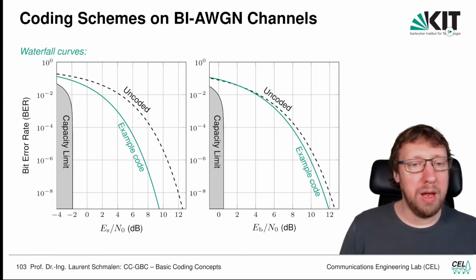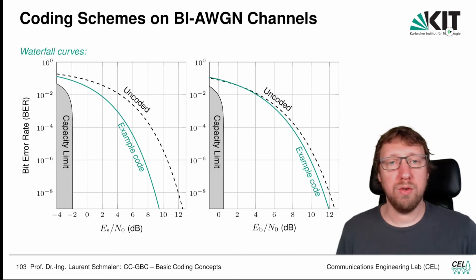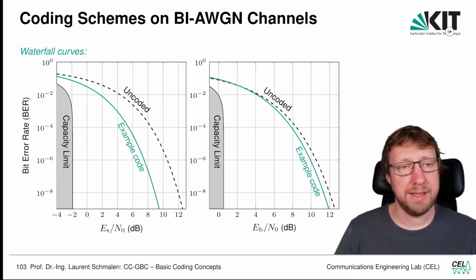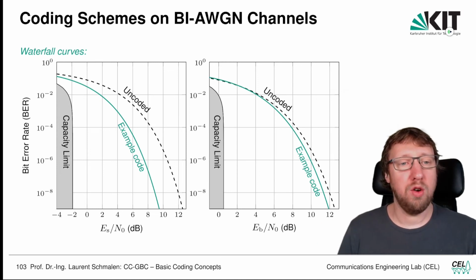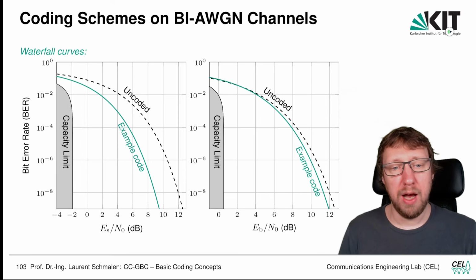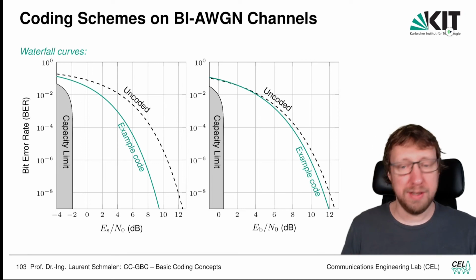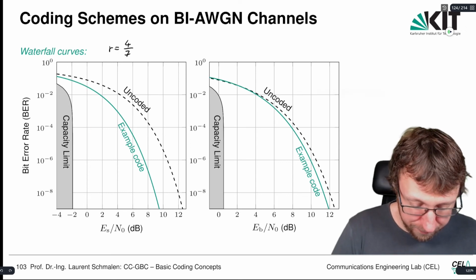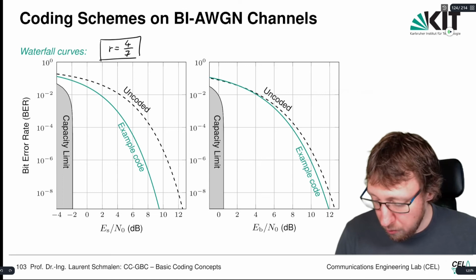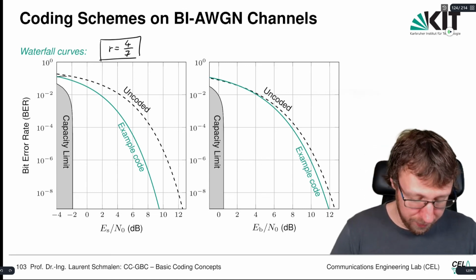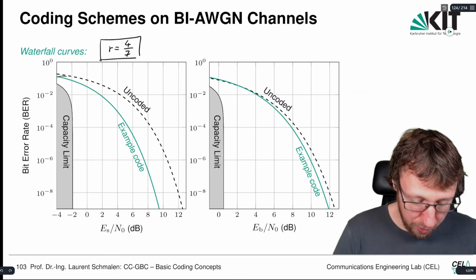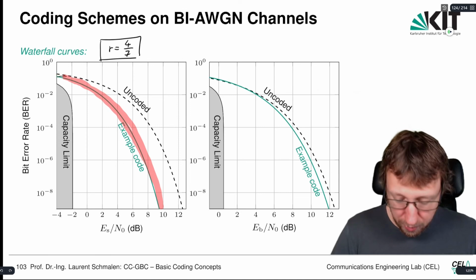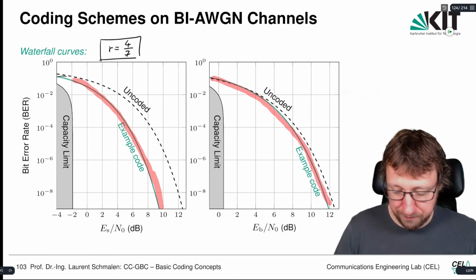So when we compare coding schemes, we use these so-called spectral efficiency charts that we have just seen. Here I took this example code of rate 4/7, and we plot the waterfall curve. So we know how the bit error rate evolves as a function of ES over N0 or as a function of EB over N0.